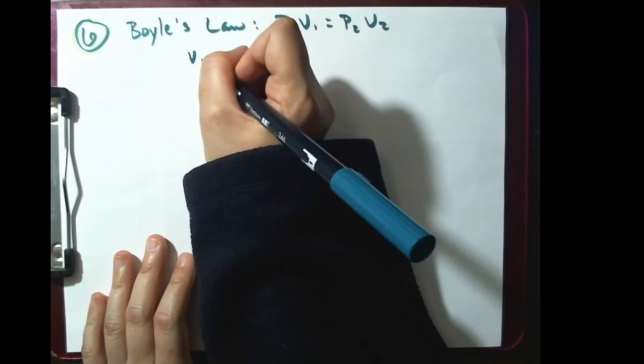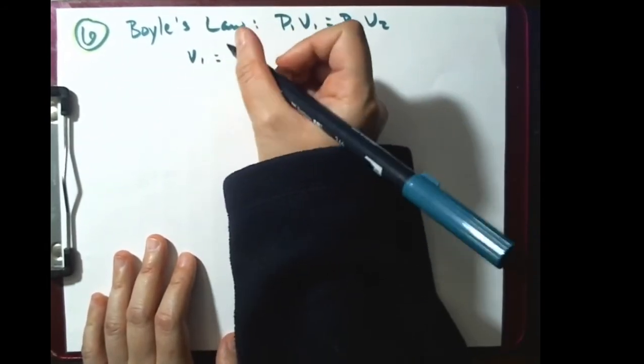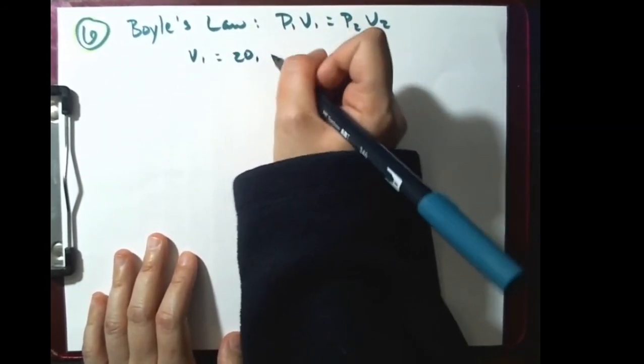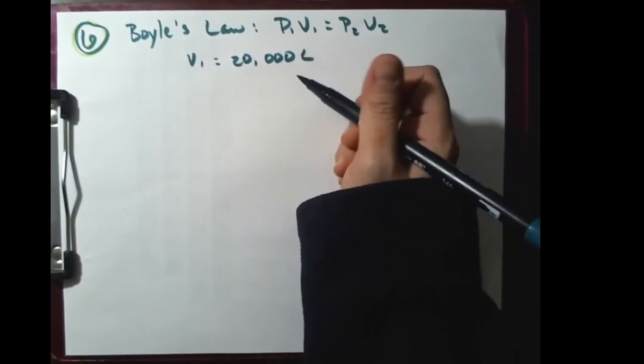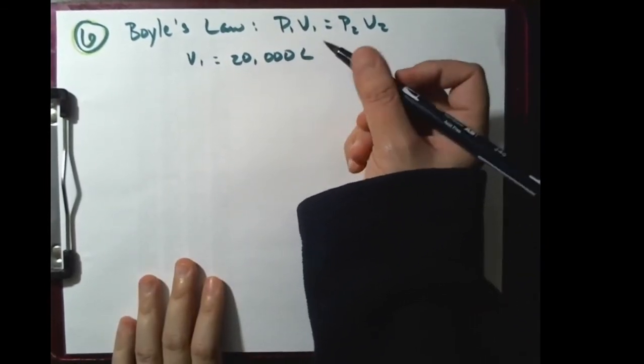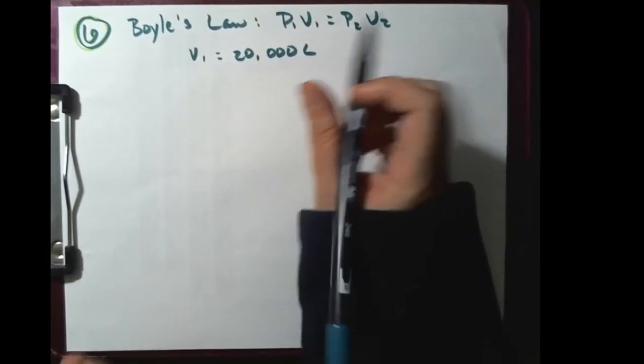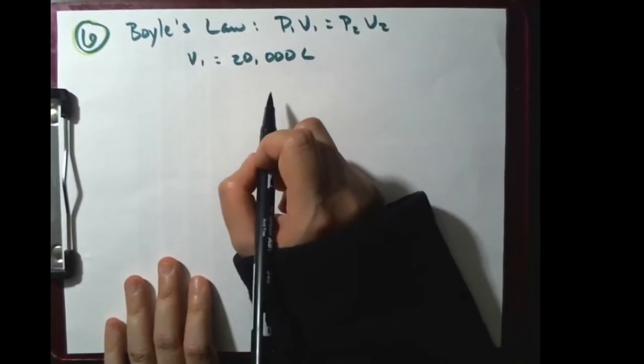So we have our initial volume, and it's going to be 20,000 liters. It gives us the scientific notation there, but too many numbers will confuse you, so we're going to just keep it simple: 20,000 liters.